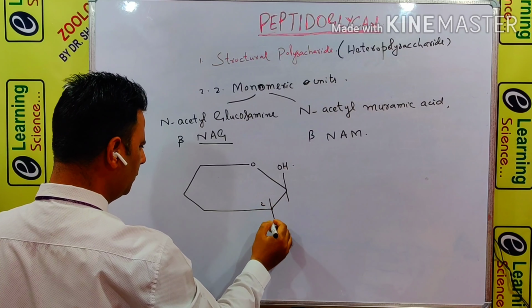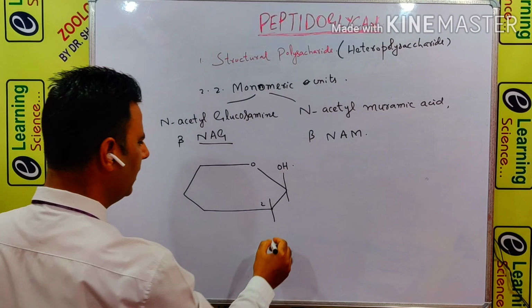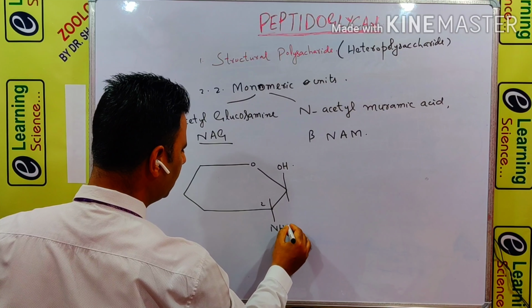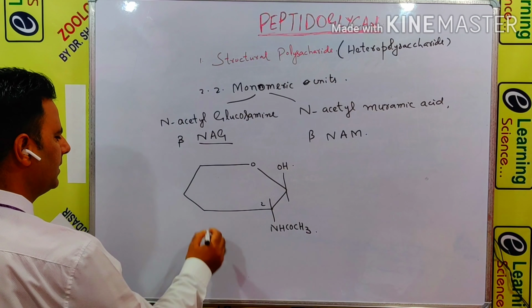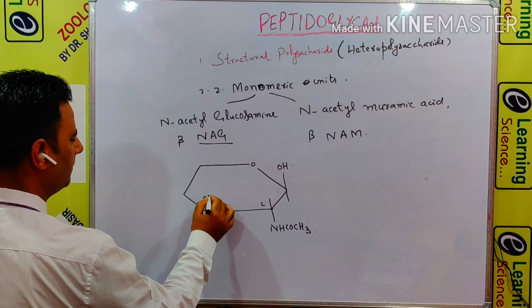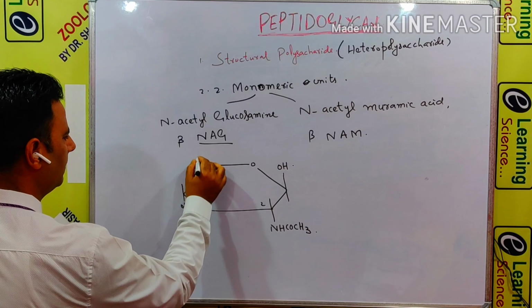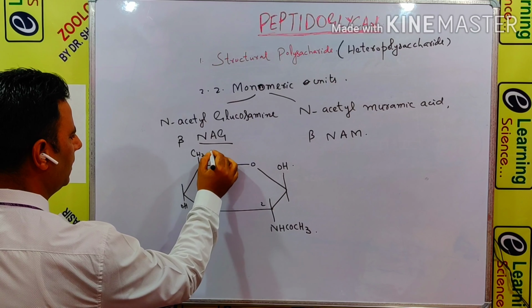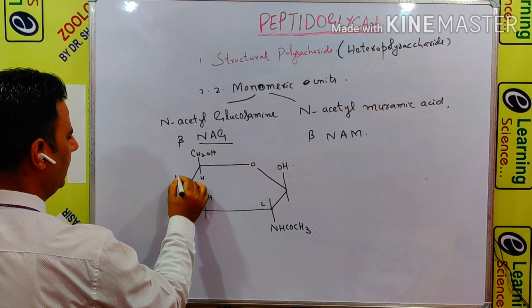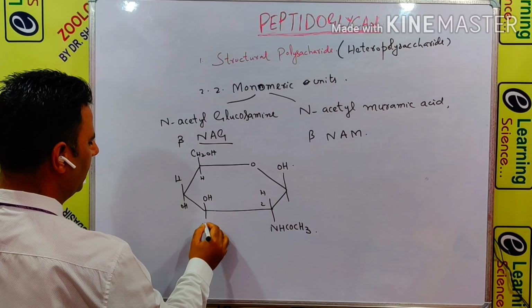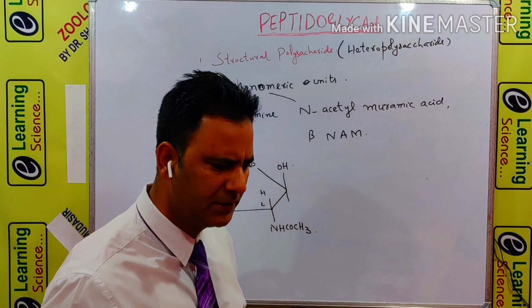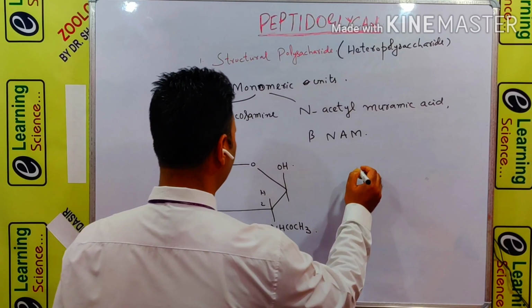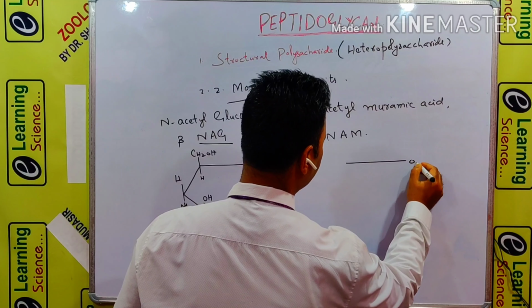At position number 2, we have N-acetyl, which means an NH and an acetyl group, COCH3. Then you have OH and CH2OH. This is your N-acetylglucosamine, NAG.